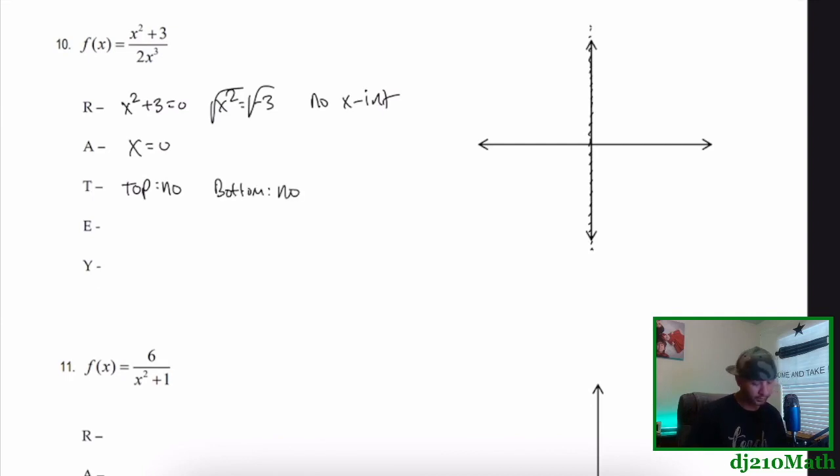No, because there's a cubed factor in the bottom. There's not a squared, right? So end behavior, degree in the top, degree in the bottom. This is definitely bottom heavy. So y equals 0 is the horizontal asymptote that the ends are going to tend towards.